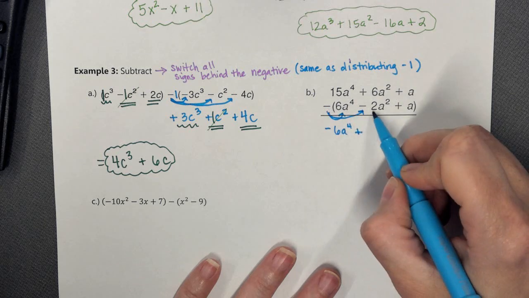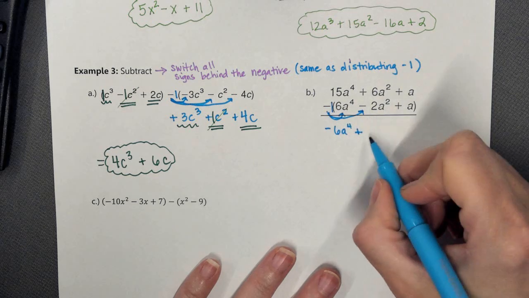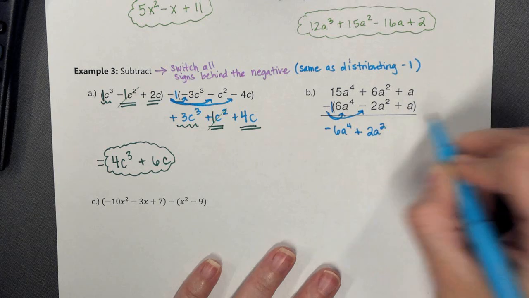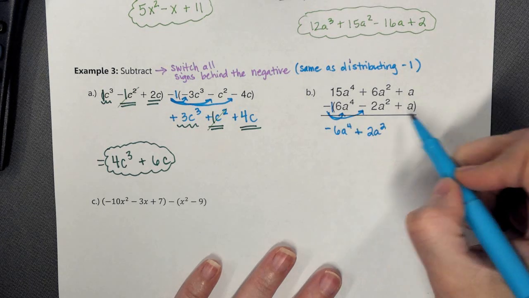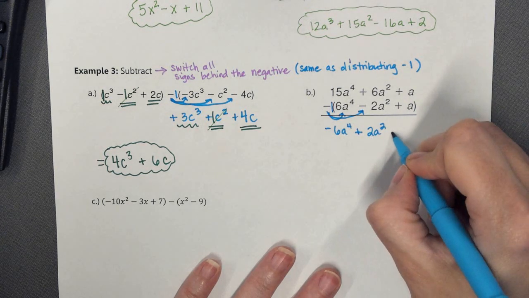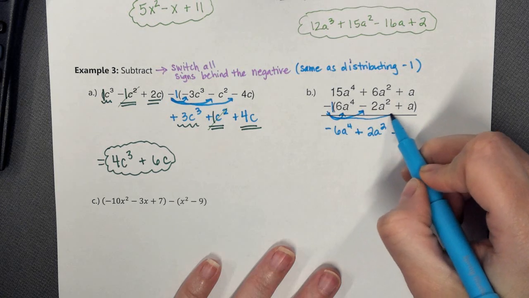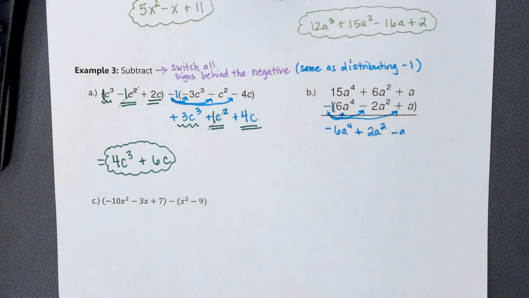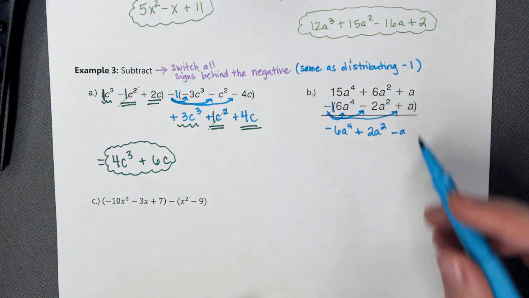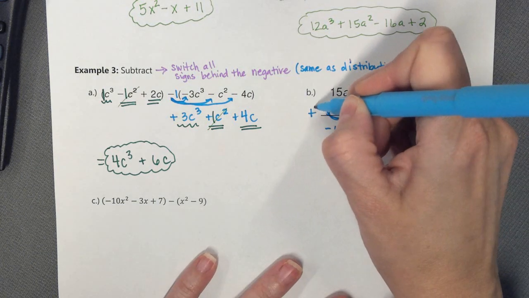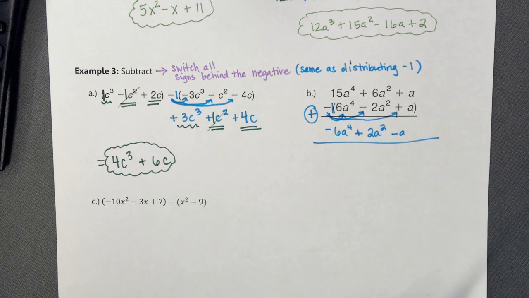So negative 1 times negative 2 is 2a squared. And then negative 1 times a is negative a. So you have to apply that to all three. Once you've distributed the negative, this becomes a plus.